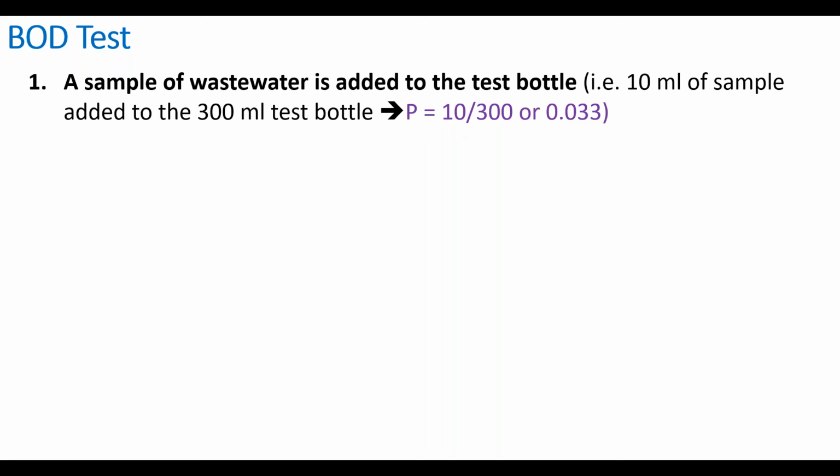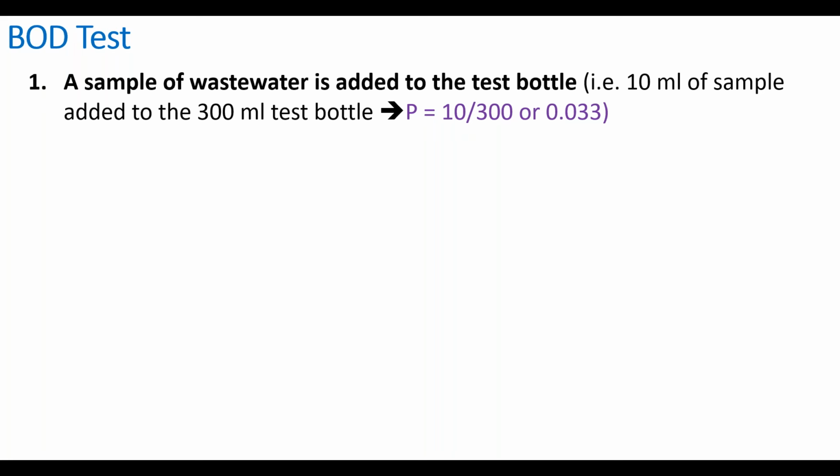It would be kind of meaningless. But if you use a smaller sample, like a 10 milliliter sample of wastewater, and the rest of the 290 milliliters is some type of pure water, you'll have a better result. You just have to transform the equation so that it's as if you've measured the oxygen demand of all 300 milliliters.